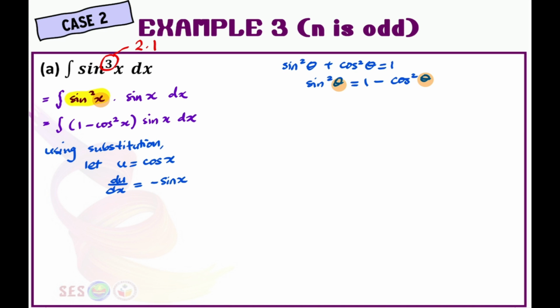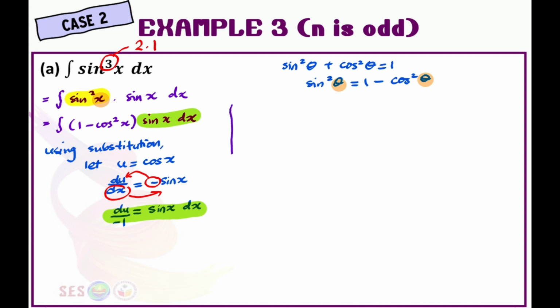I want to rearrange my equation so that I can substitute into sine x dx. So I move dx to the other side and the negative to the other side. On the right-hand side is sine x dx, and on the left-hand side I have du over minus 1. So now I'm going to substitute sine x dx with du over negative 1.